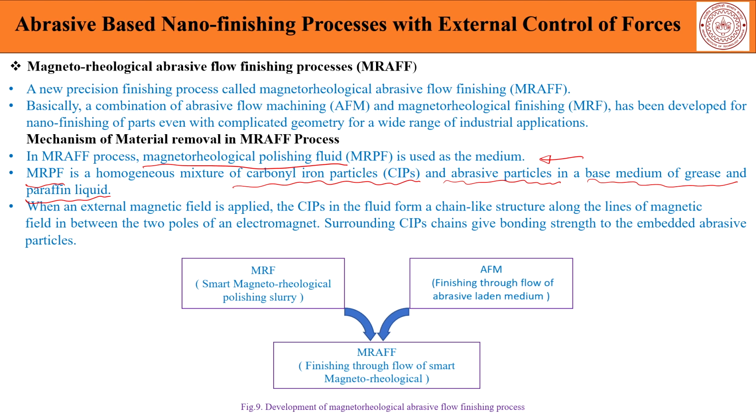The main advantage of MRPF is pertaining to the fact that when we are subjecting it externally to a certain magnetic field, you can align the carbonyl particles along with the abrasives in a linear manner depending on the field lines. Wherever the lines pass through or cut through the medium, there is a tendency of the apparent viscosity of that region to go up because of such alignments.